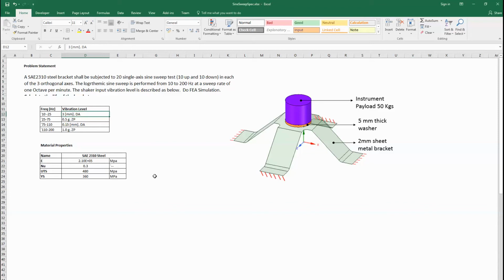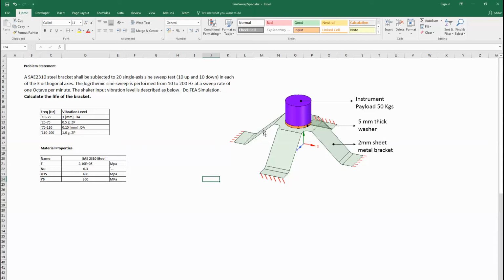Typically, one needs to understand the objective of this simulation, or what we are expecting after doing the simulation. Typically, the objective would be to calculate the life of the bracket.